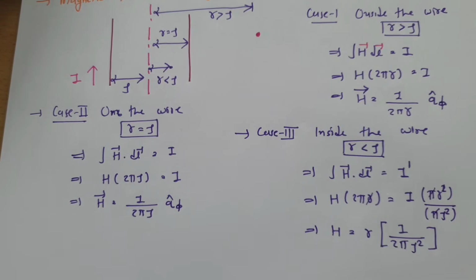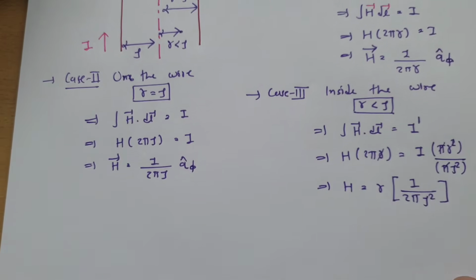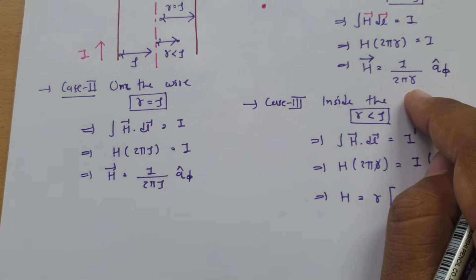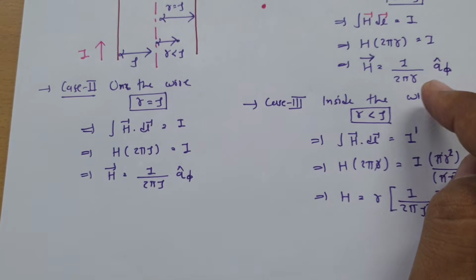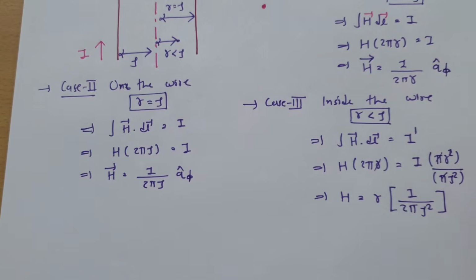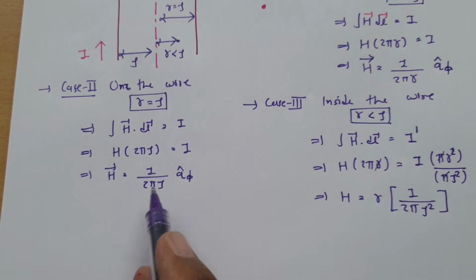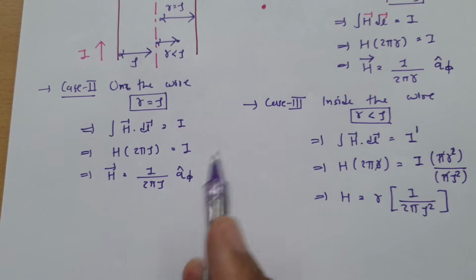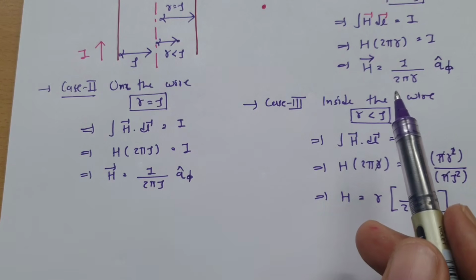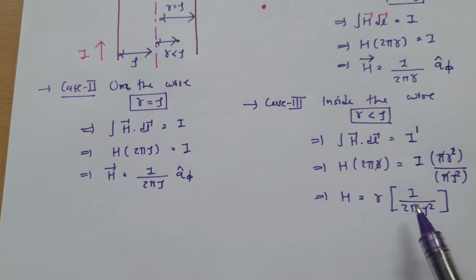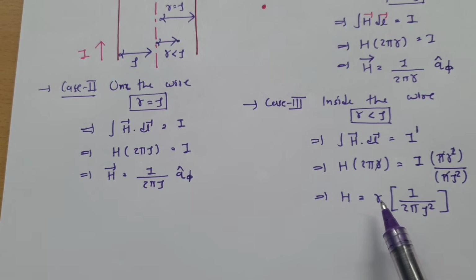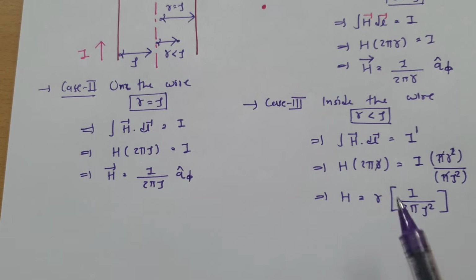Now see, there is one thing that we need to understand. Outside the wire, the magnetic field intensity is inversely proportional to r. On the surface of the wire, it will be constant, I divided by 2 pi rho. Outside it will be I divided by 2 pi r. And inside the wire, the magnetic field intensity is proportional to r.